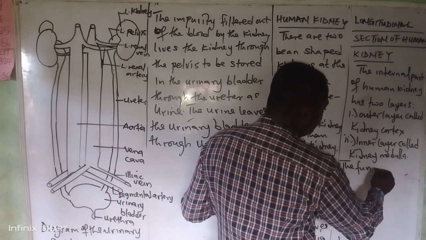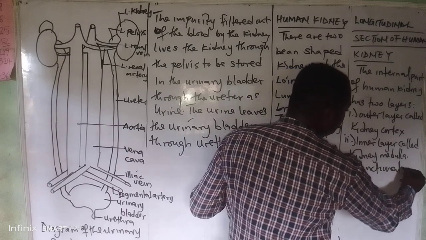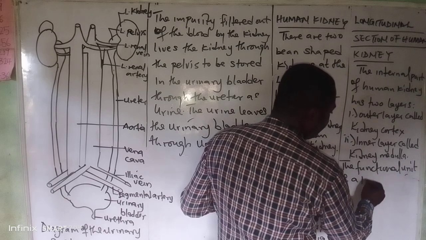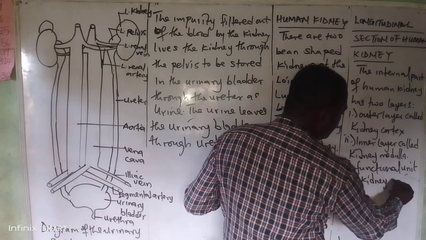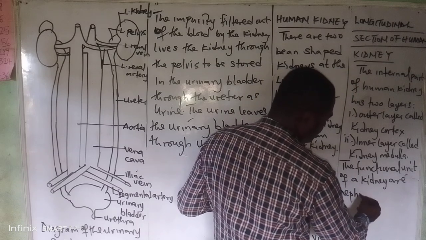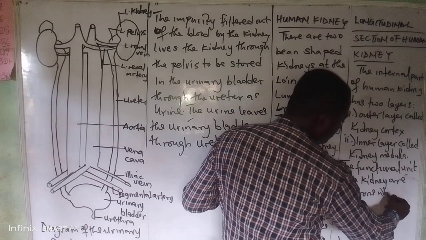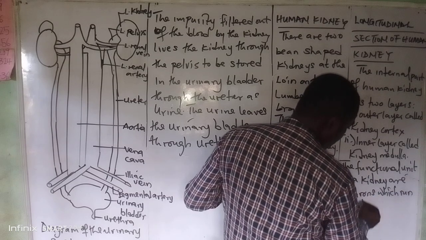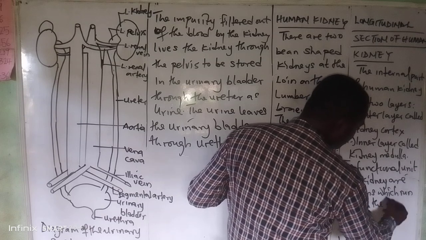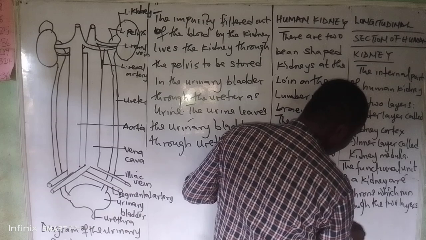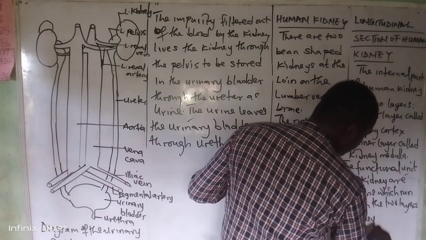The functional units of a kidney are nephrons, which run through the two layers of the kidney that I've just mentioned.